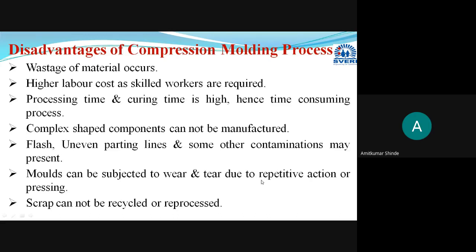Whichever scrap or waste is produced here cannot be recycled or reprocessed, as we are using this process for thermosetting material, which cannot be reshaped. Thermosetting materials cannot be reshaped or recycled. So these are the disadvantages of this process.